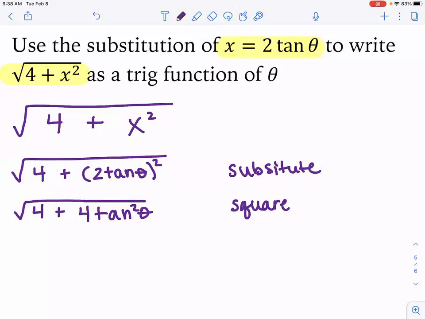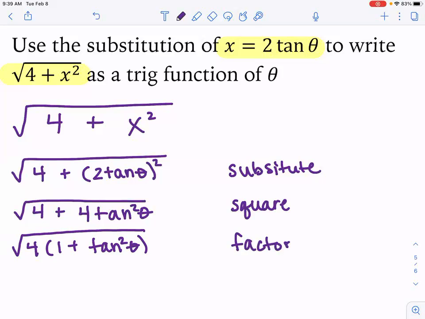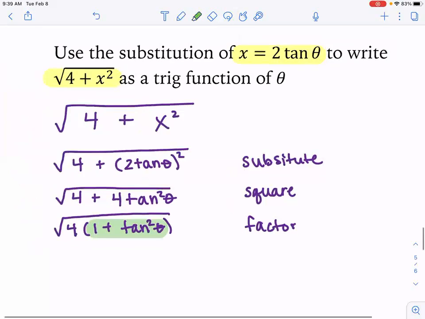Okay. Instead, what do you notice about the 2 terms underneath? They both have a 4. So we can factor out a 4. Go back up to your identities. Nate, do you see somewhere where it says 1 plus tangent squared?